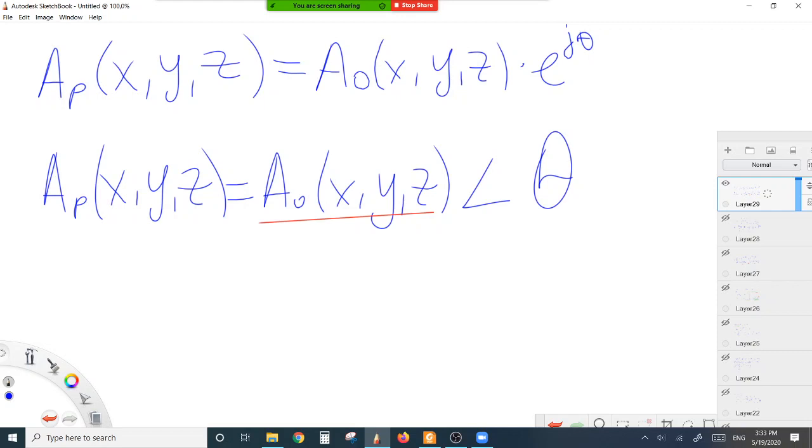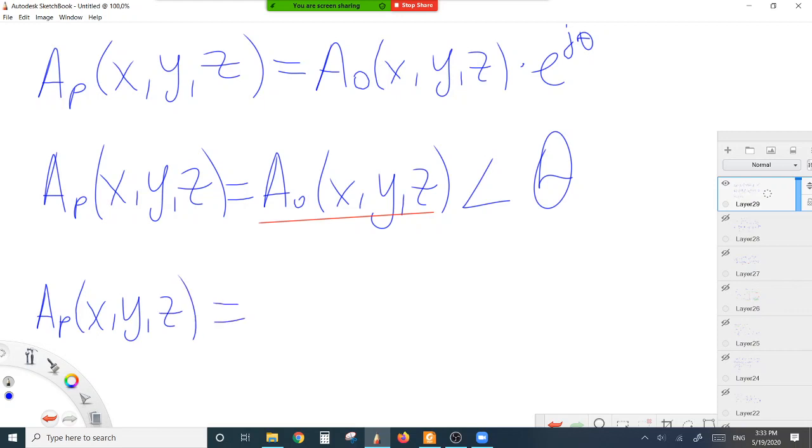If we summarize, phasors can be written in three different forms. Let's take our function A of x, y, and z.